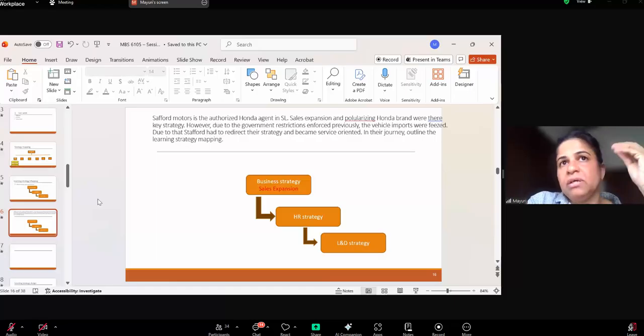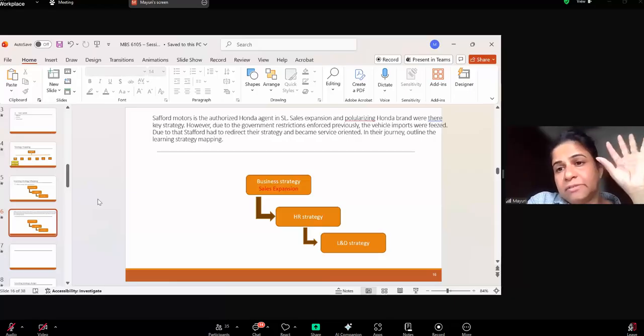For example, take an IT company focusing on offering new solutions to your customers. As a business strategy, your business strategy is offering innovations for your high-end customers. So your HR should be innovation oriented. Your HR strategy should be an innovation-oriented workforce.